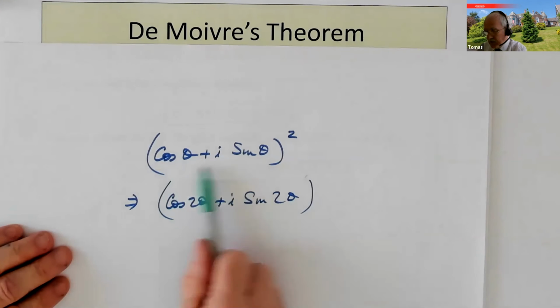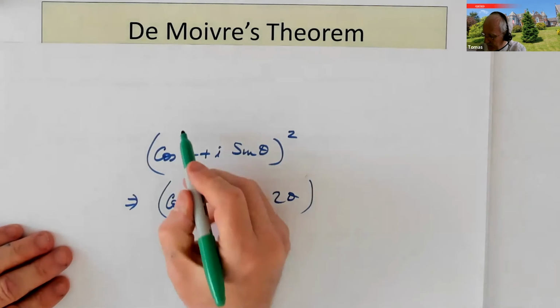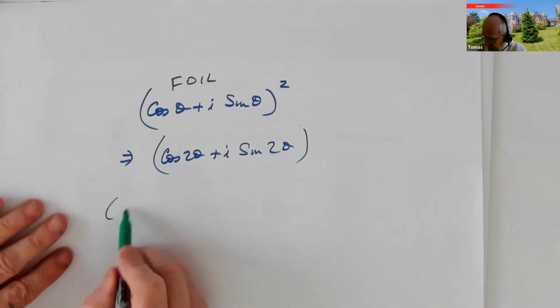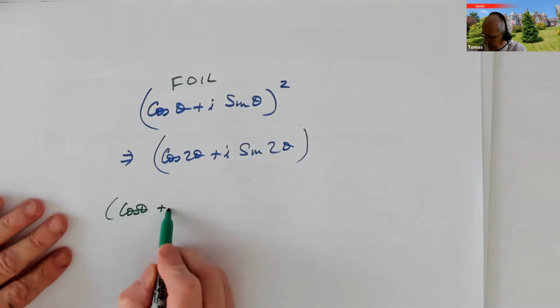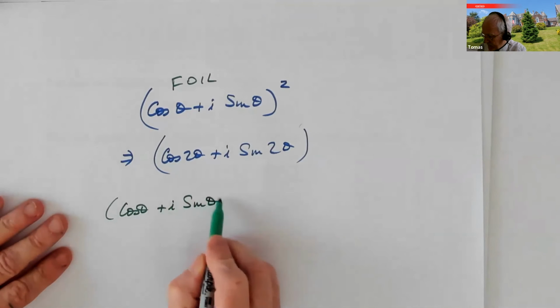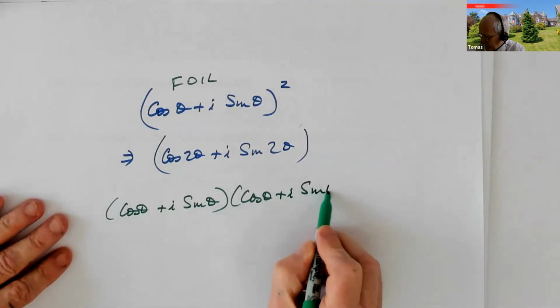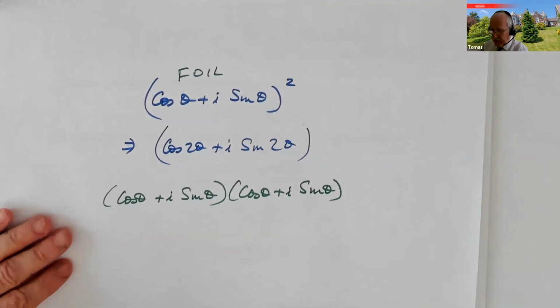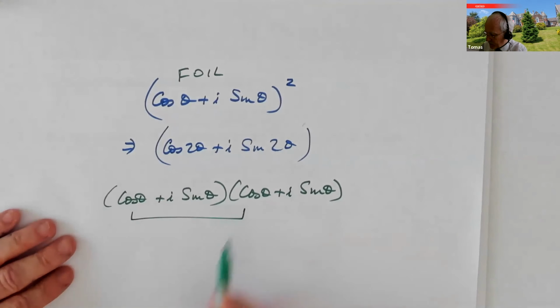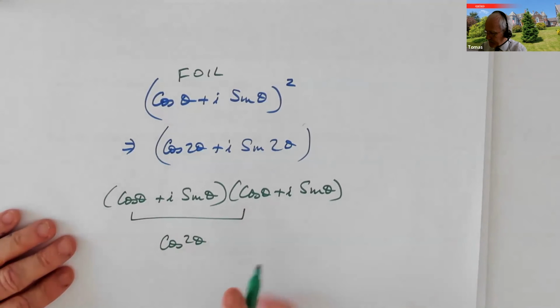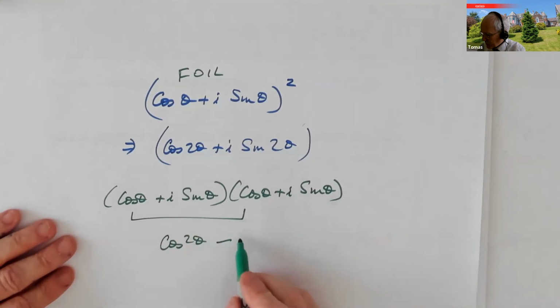If we did this the old way of FOIL and method, we'd get cos theta plus i sine theta by cos theta plus i sine theta. And if we just took the real parts for the moment, cos by cos would give us cos squared theta. i by i would be minus, sine by sine would be sine squared theta.